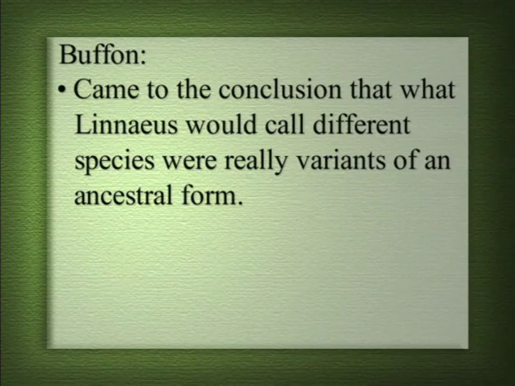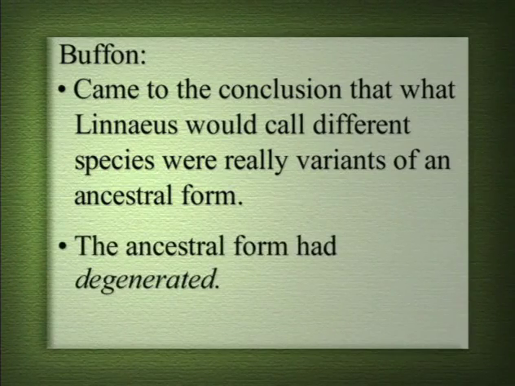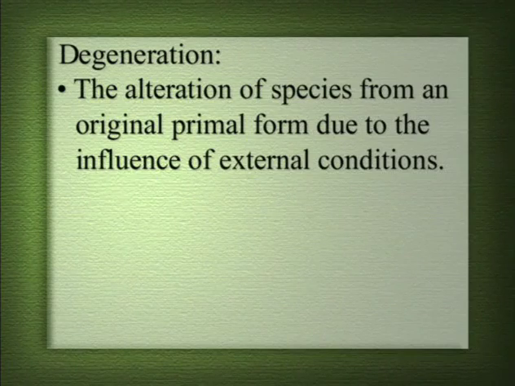What he believed had happened was that the ancestral form had degenerated. That's the word he used. Why had they degenerated? Because when individuals changed locations, they encountered differences in external conditions like climate. And this caused them to degenerate into the diversity we now have. So degeneration was the alteration of species from an original primal form due to the influence of external conditions.